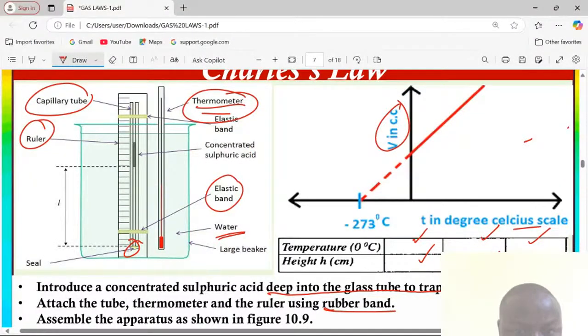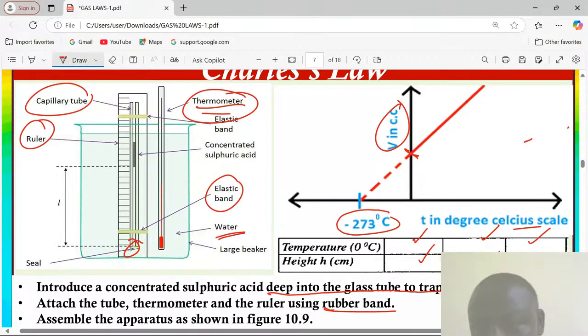Remember, the equivalence of 0 Kelvin in degrees Celsius is negative 273. The line will not reach the axis at some point, but if you prolong, or rather if you extrapolate the line, then it's going to cut the temperature axis at a value approximately negative 273, which is the same as 0 Kelvin.